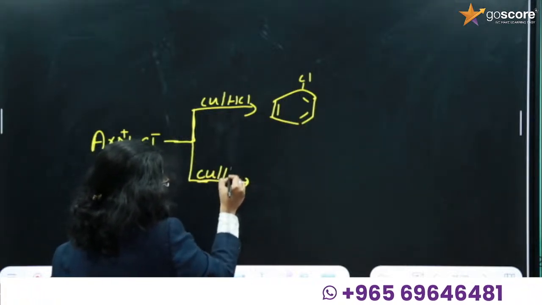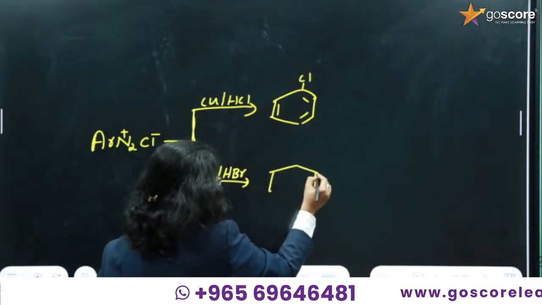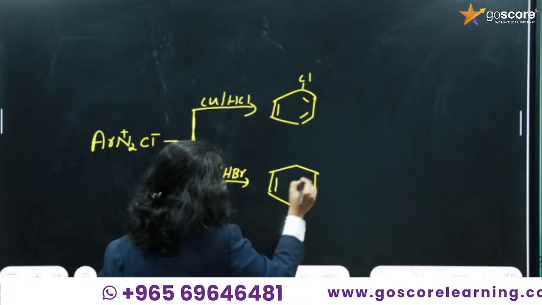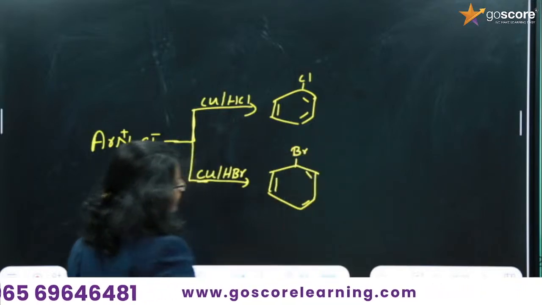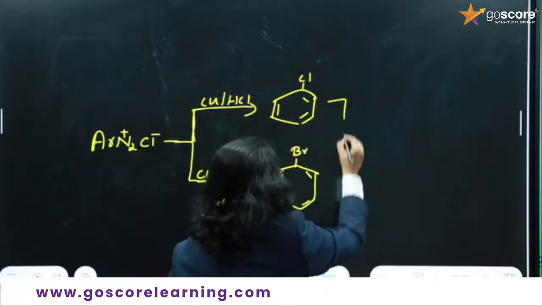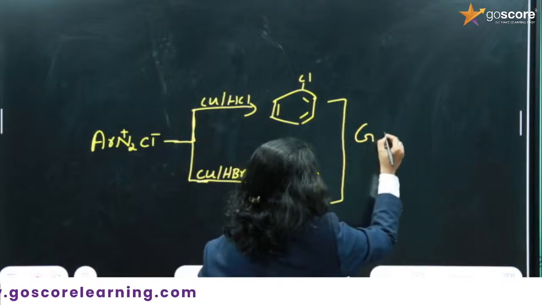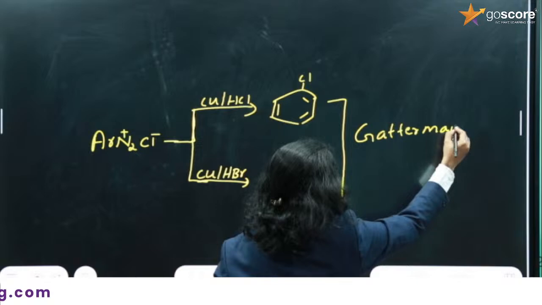If you are treating with copper powder in presence of HBr, you will get bromobenzene. These two reactions are called Gattermann reaction.